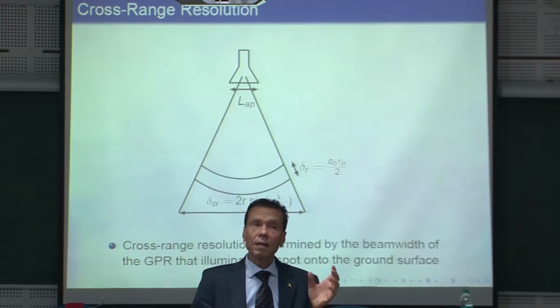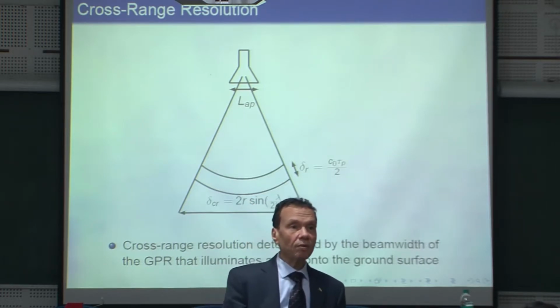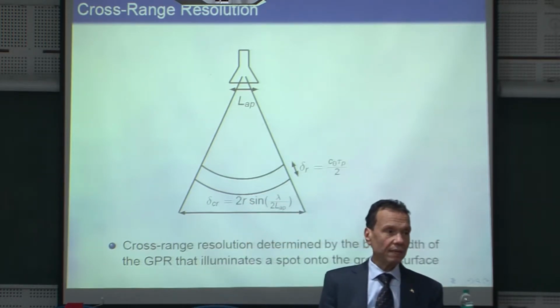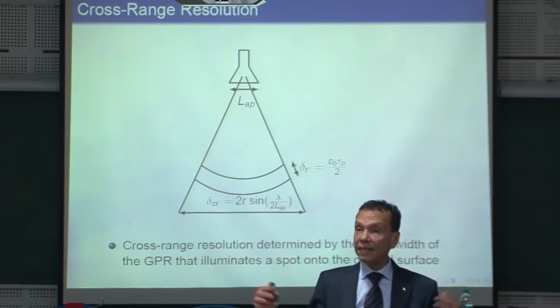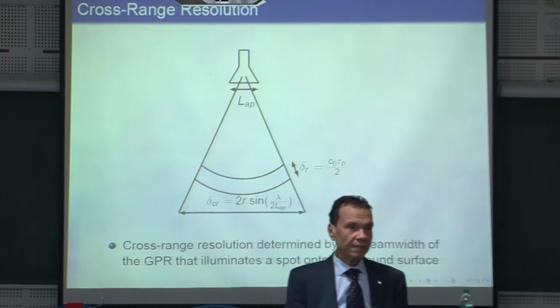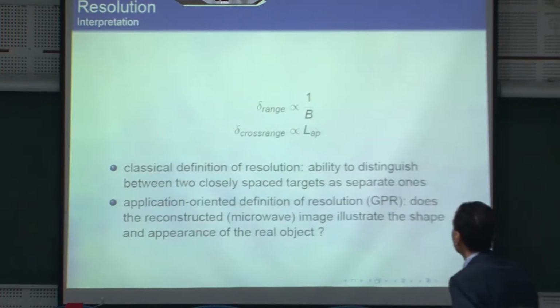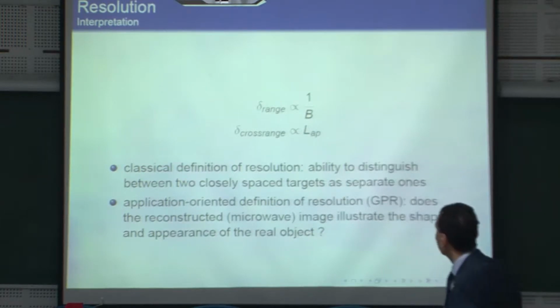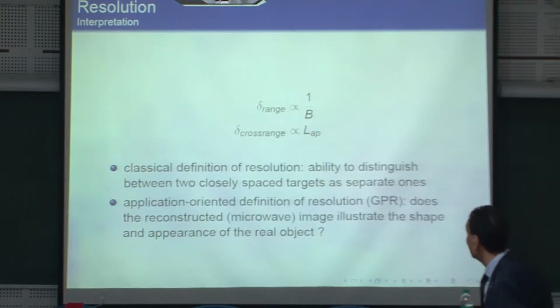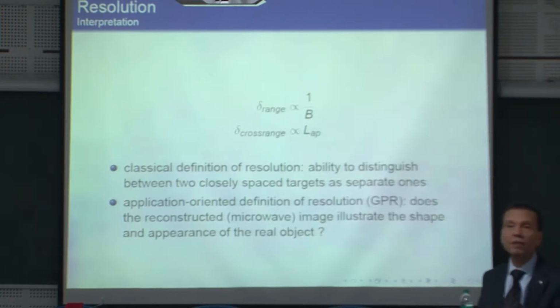It's better to have an omnidirectional antenna as a unit, because you don't get the directivity through the unit antenna, you get it through the array factor, through the big aperture you created synthetically. So again, as a rule of thumb, the resolution in range is proportional to 1 over the bandwidth, and in cross range to the antenna aperture.